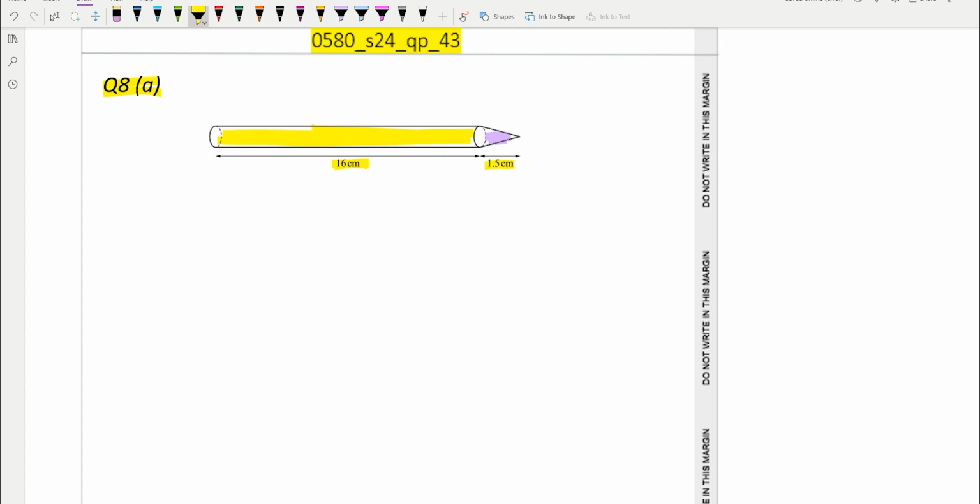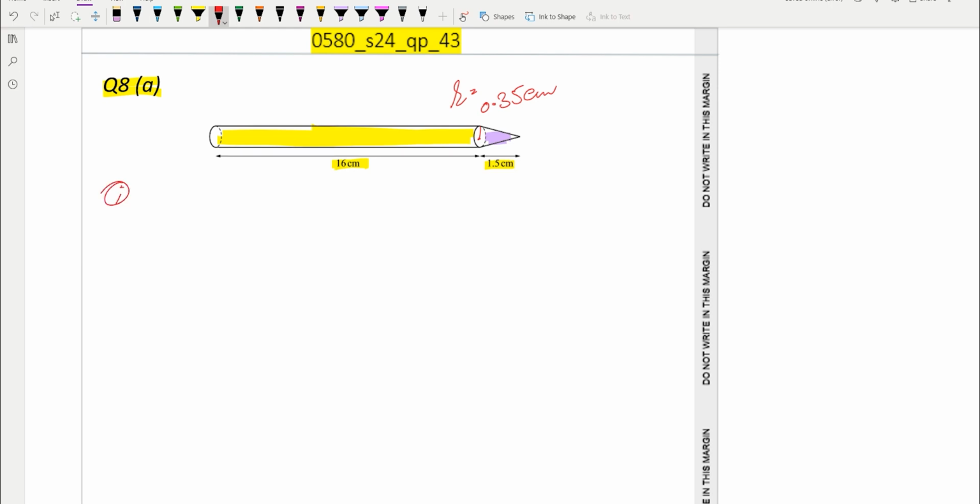The radius of the cylinder and the base radius of the cone are 0.35 centimeters. So from this point to this one is 0.35 centimeters, and this is the radius. So the r value is equal to 0.35 centimeters.